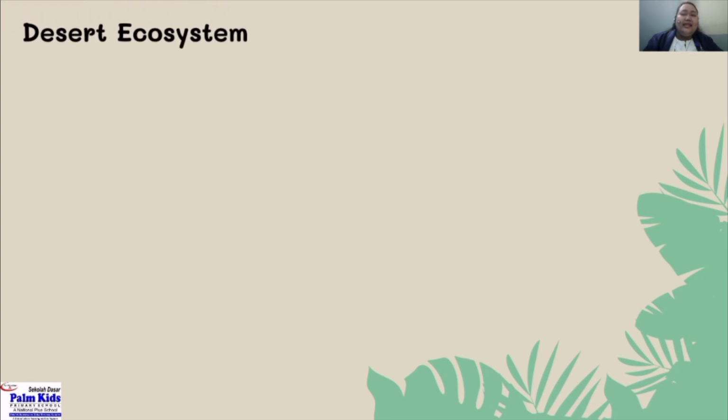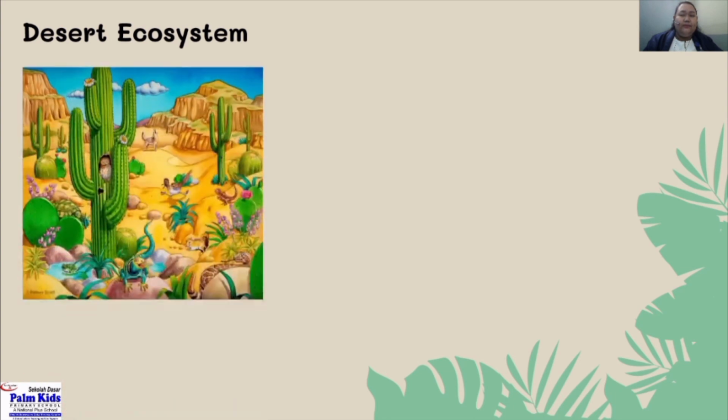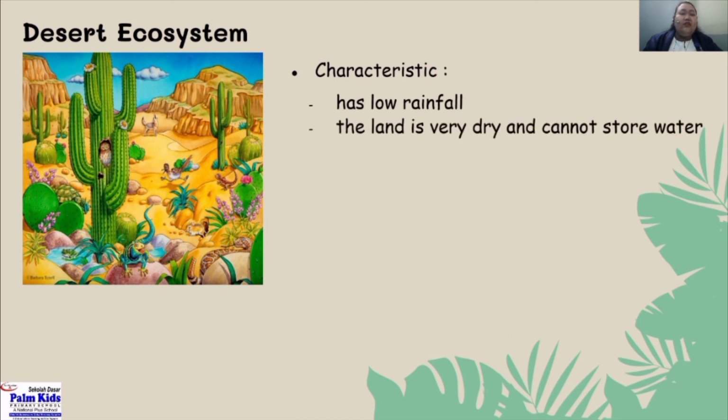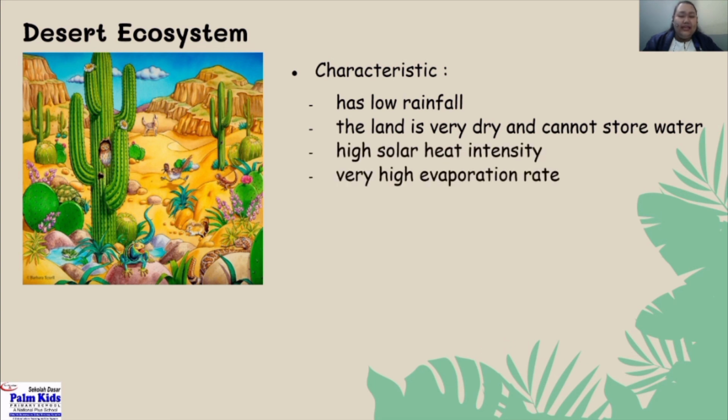And the next is desert ecosystem. Okay, this is the picture of desert ecosystem. Characteristics are has low rainfall. The land is very dry and cannot store water. High solar heat intensity.